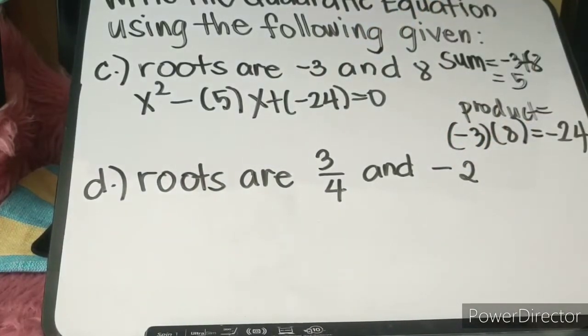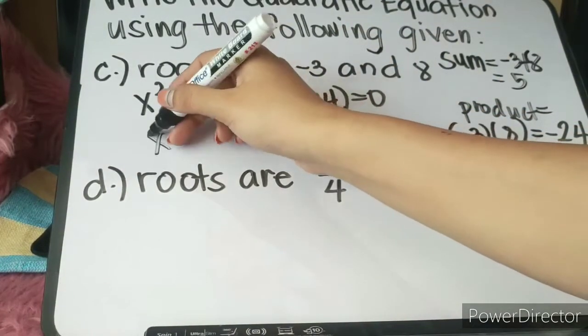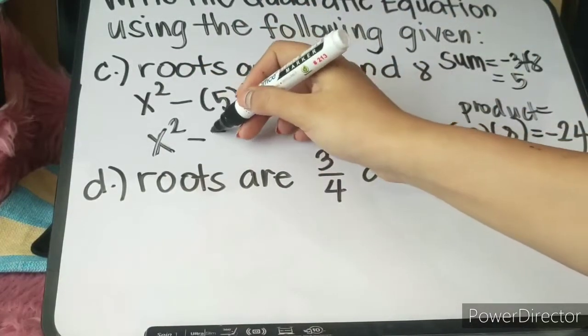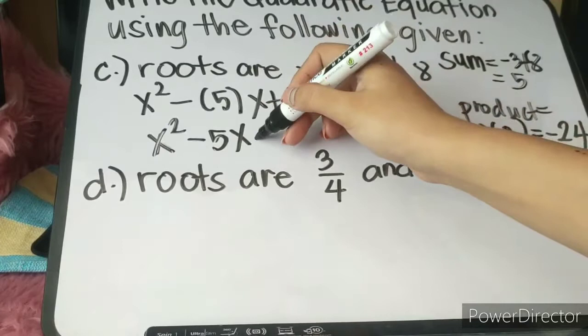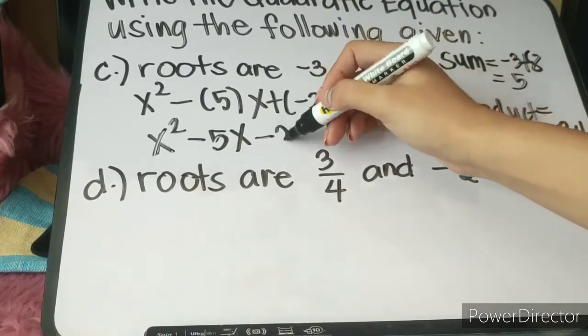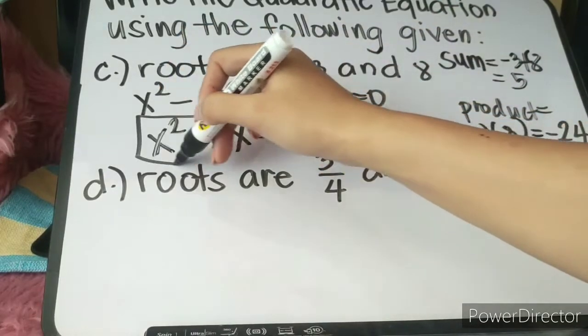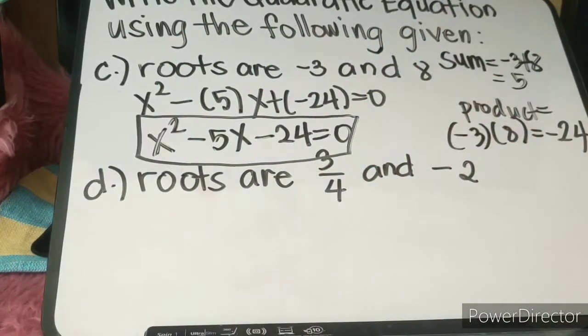And then, we will be simplifying kagaya ng ginawa natin kanina. So, kapag ang given ay sum and product, kasi nakuha na natin yung sum and product natin. So, dahil negative 24, magiging minus 24 to, equals to 0. So, this is our quadratic equation.